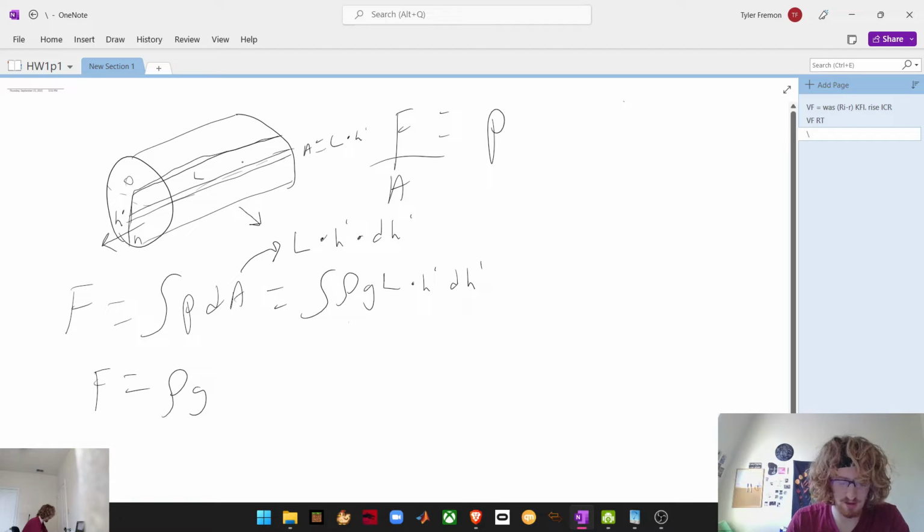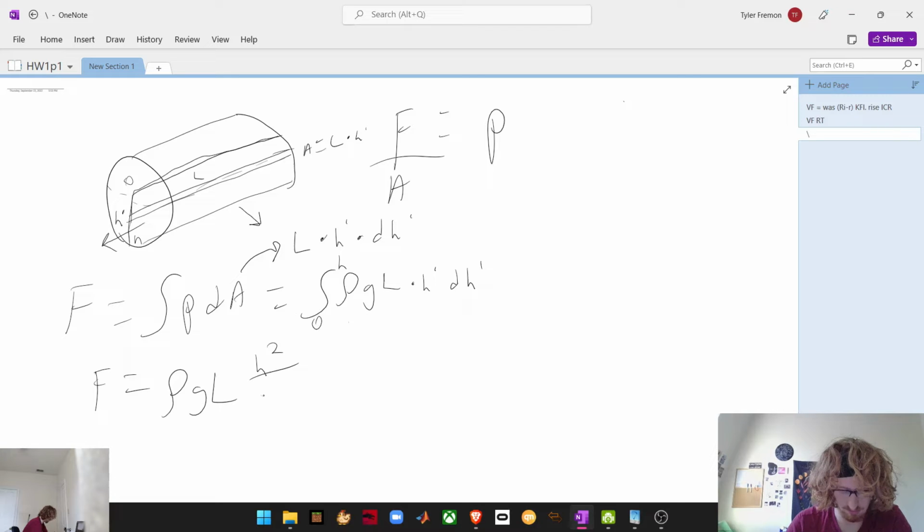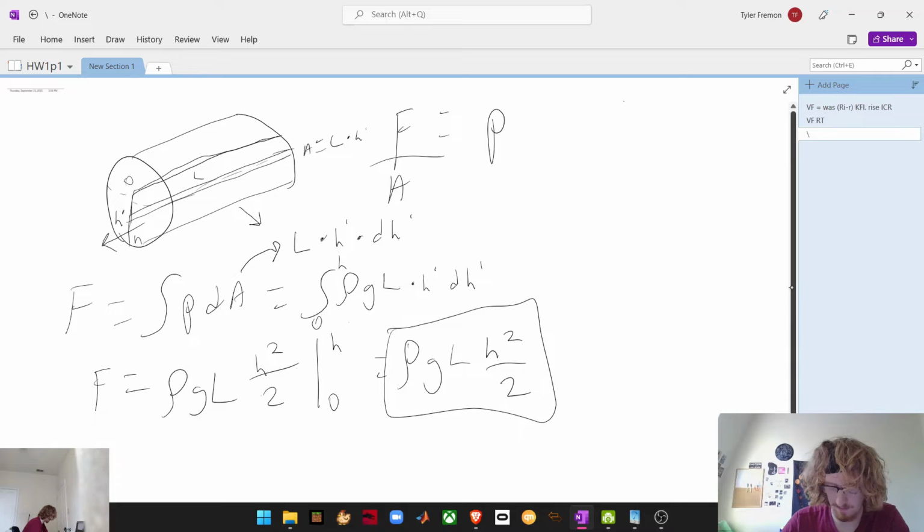To find the total force based on the height of the fluid, we need to integrate from our 0 point to our full depth, so we're going to go from 0 to H. Rho g and L are all constants, and that just leaves us with H squared over 2 integrated from 0 to H, which gives rho g L H squared over 2. So that's our equation for the side of the barrel.